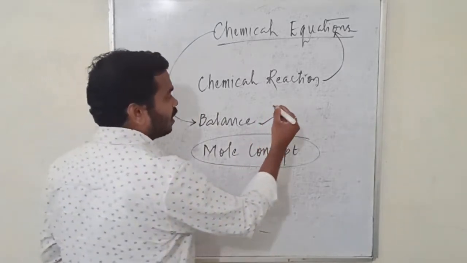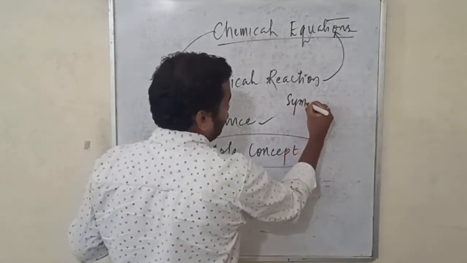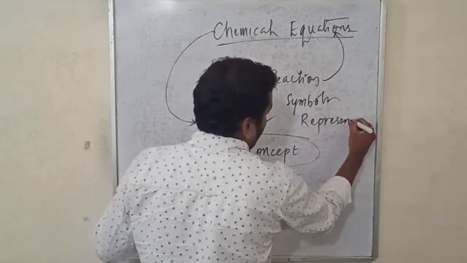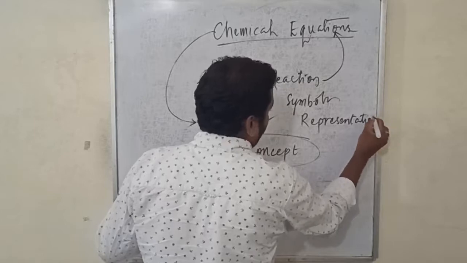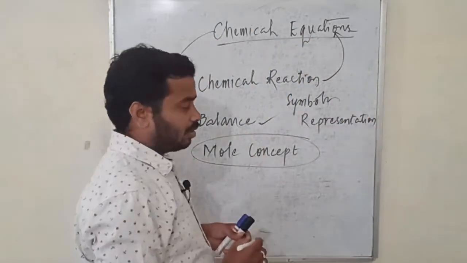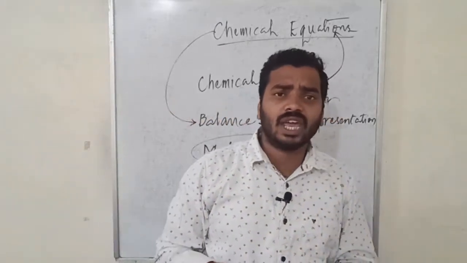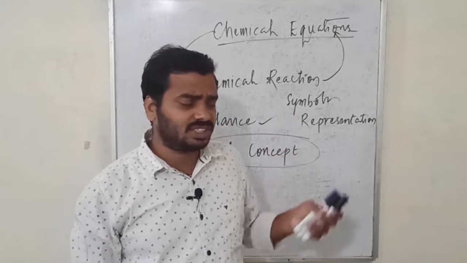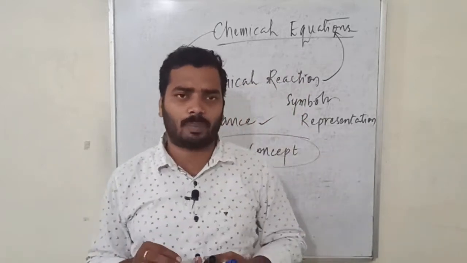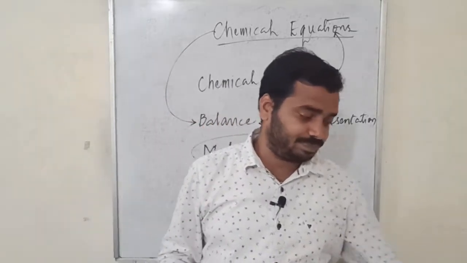What are the symbols and representations used in chemical equations? All these things we learn in this chapter. But today, as this is the first session of this topic, we shall get introduced to it so that you will understand what exactly this topic is.